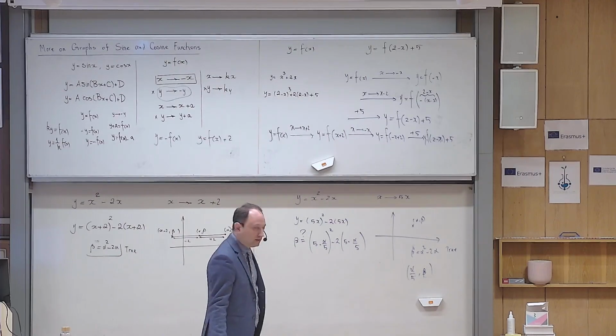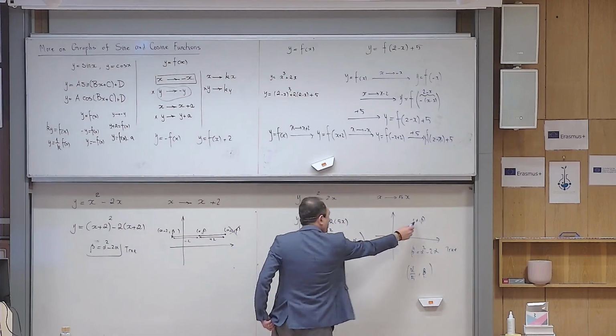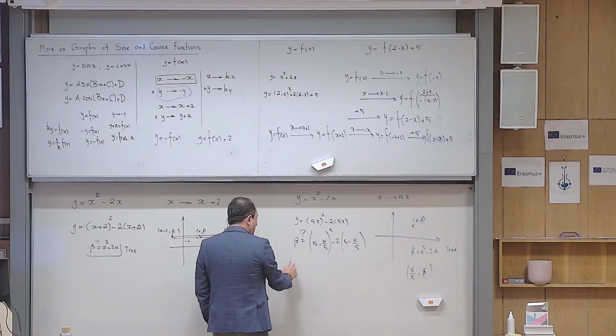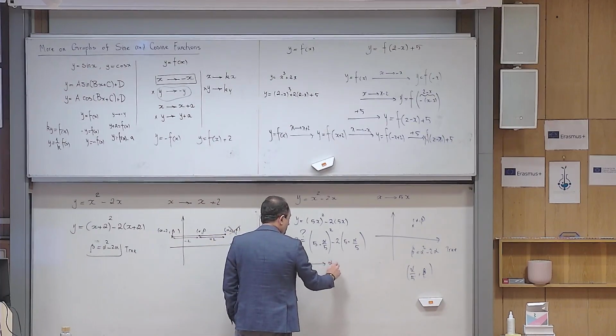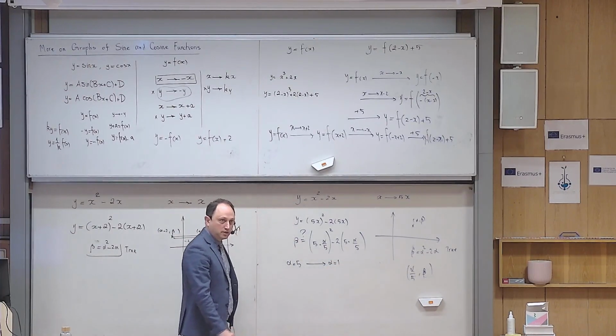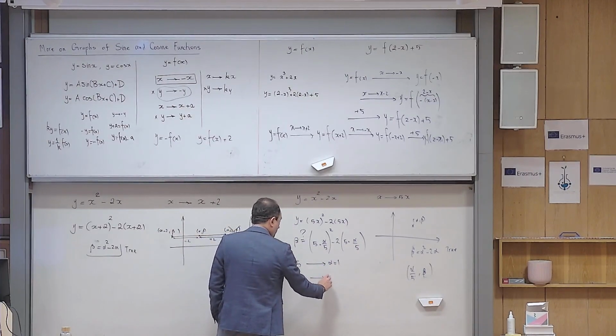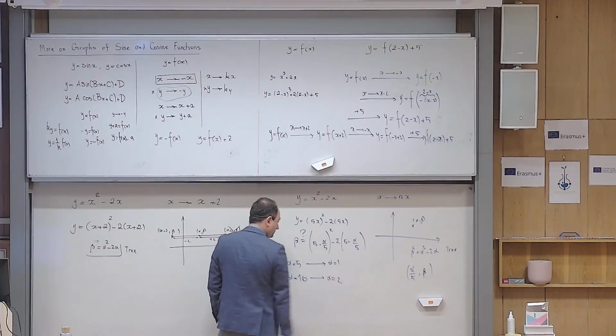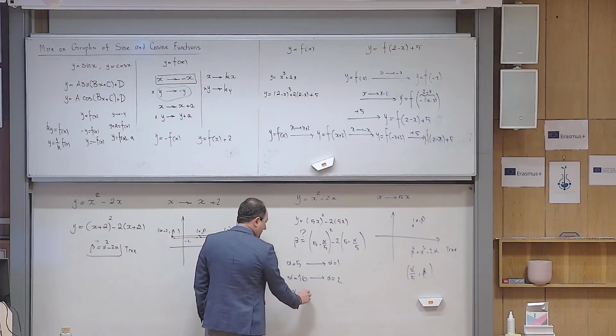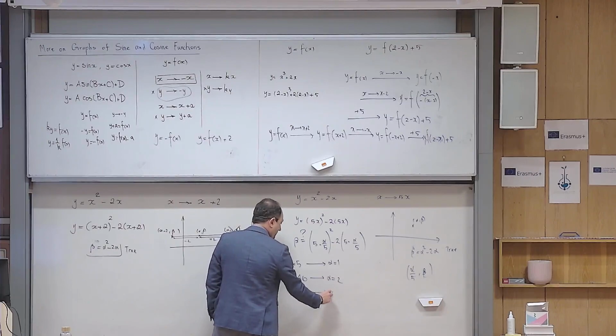Yes. Do you agree? Why? Because, for example, if alpha is 5, this alpha will go to 1. Yes. If alpha is 10, this alpha will go to 2. I'm just making simple numbers so that I can calculate.